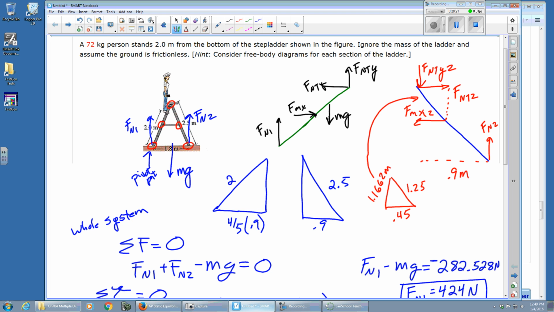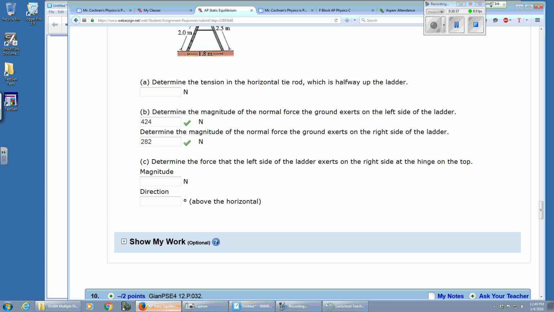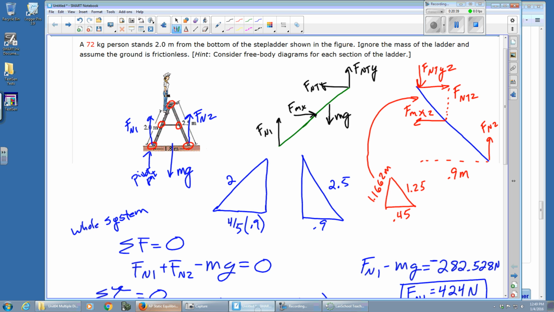So now, let's see, the normal force is going to produce a counterclockwise or positive torque. The force at the horizontal tie rod is going to produce a clockwise or negative torque.